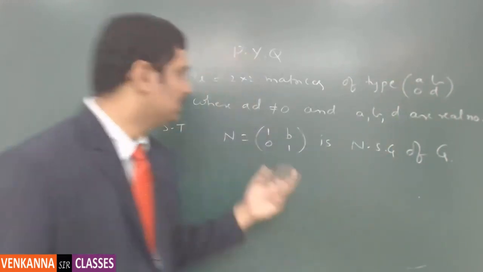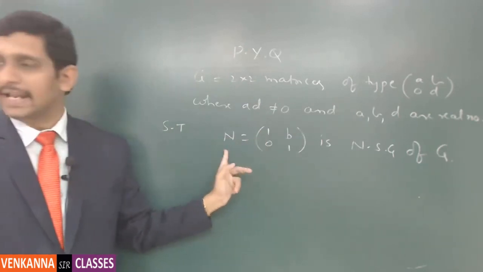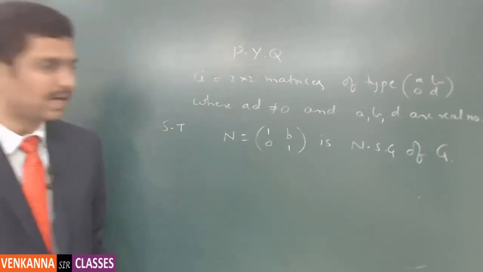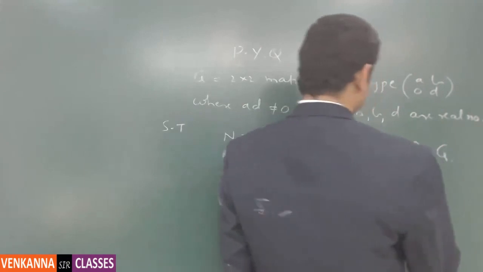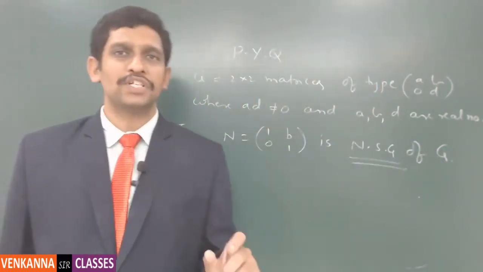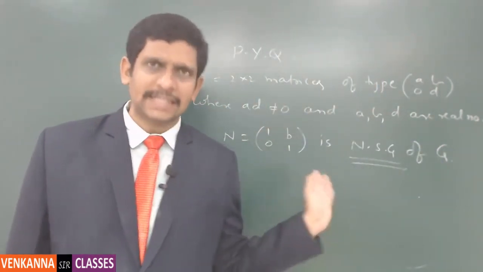And you are saying that if you take N in this form, it will become a normal subgroup. So first of all, we prove that it is a subgroup.